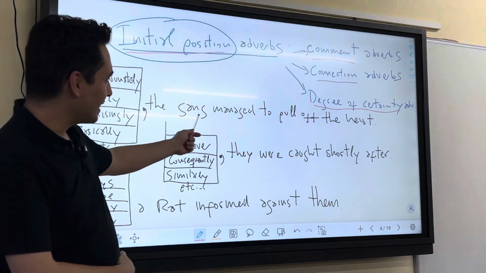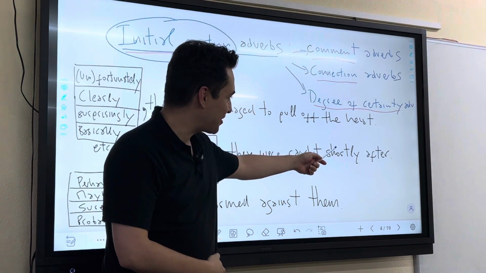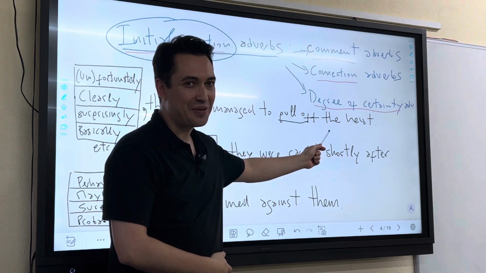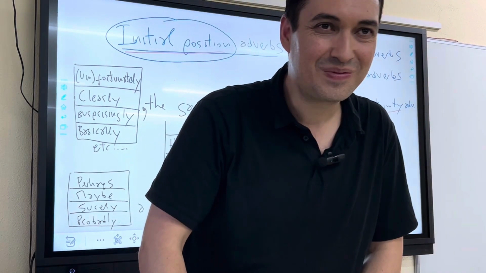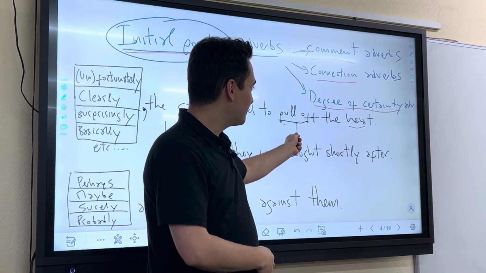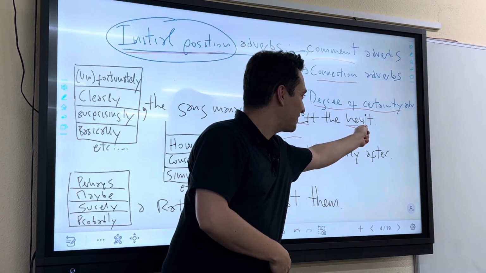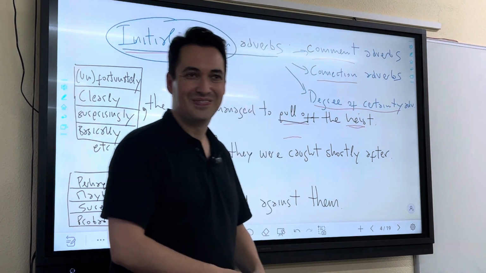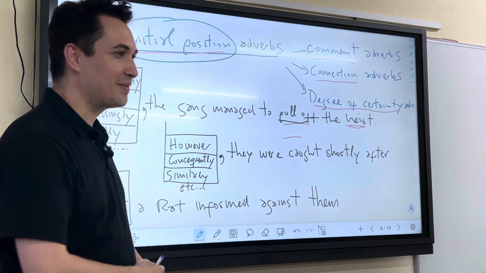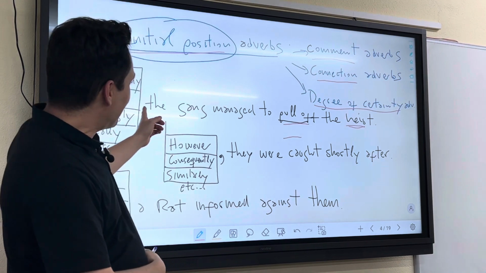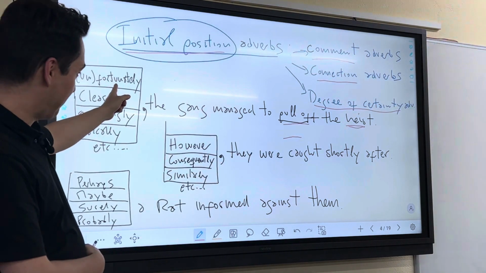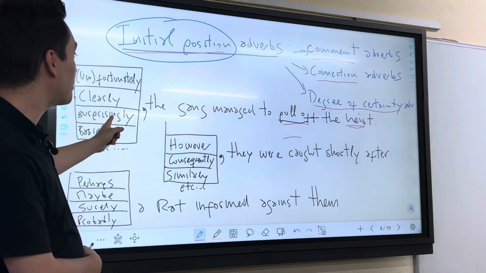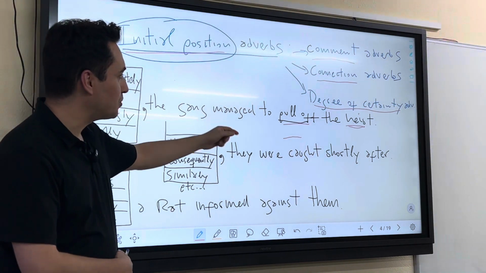Unfortunately, the gang managed to pull off the heist. Pull off, achieve. Heist, golpe, atraco. Pull off, conseguir. Pull off the heist, C2 level, yeah? The gang managed to pull off the heist. Unfortunately, at the beginning, clearly, surprisingly, the gang managed to pull off the heist.